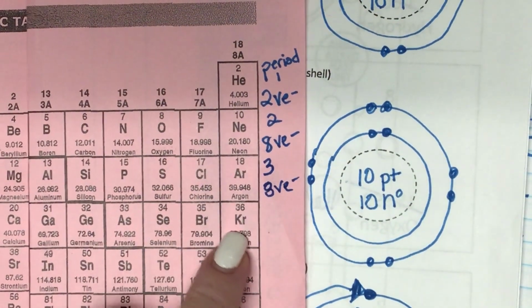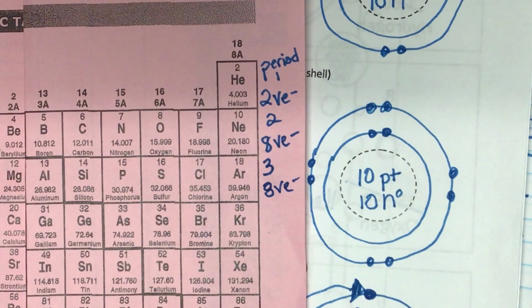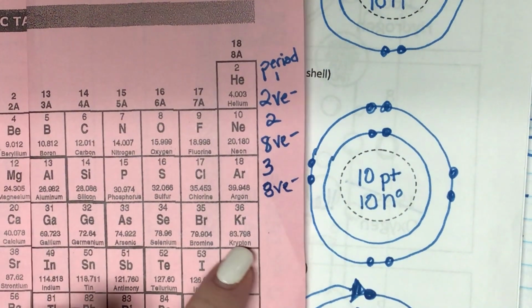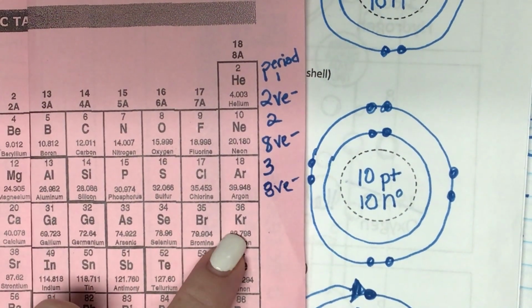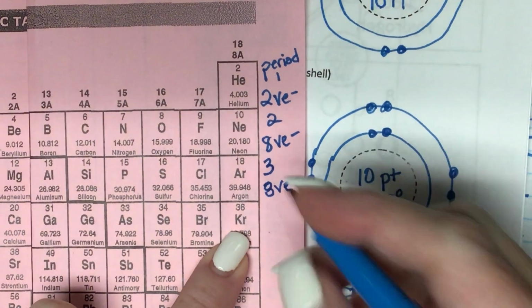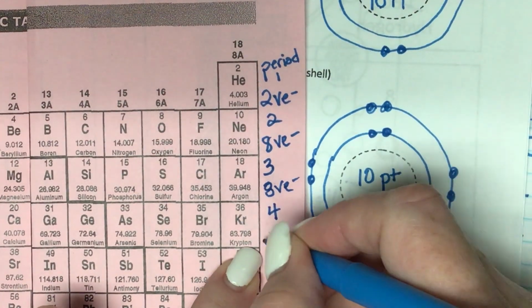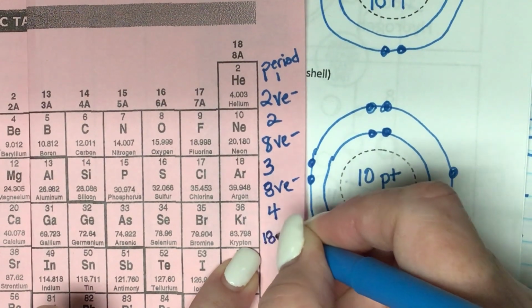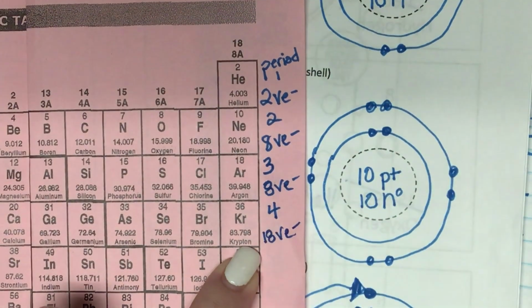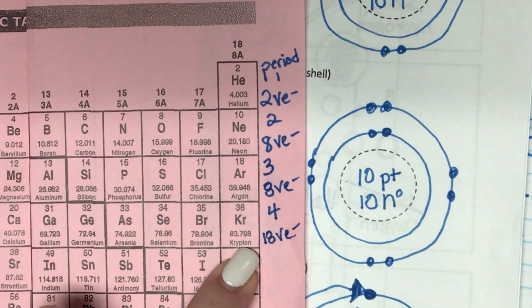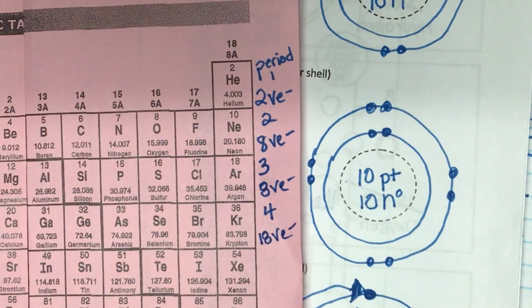Okay, now the atom is getting larger, taking up more space, more volume. So here in period 4, we can hold up to 18 valence electrons. I will let your chemistry teacher in 10th grade talk to you more about that, okay?